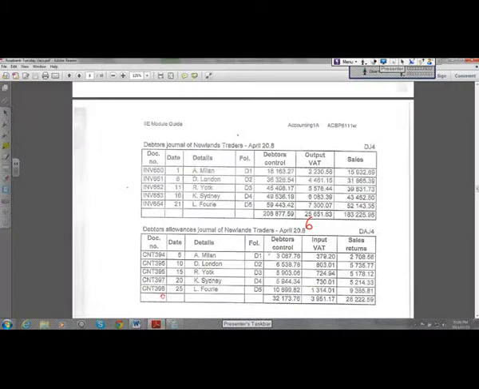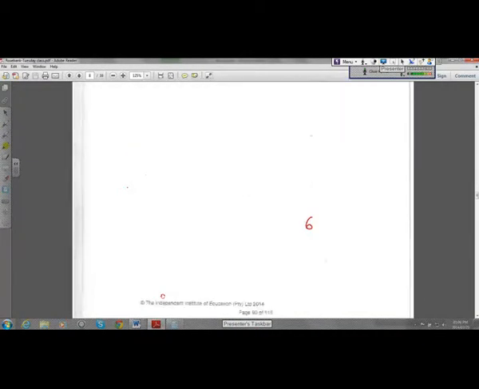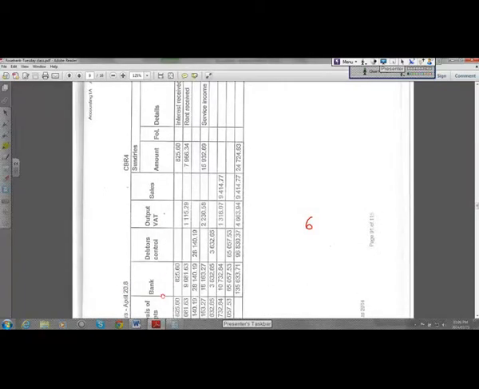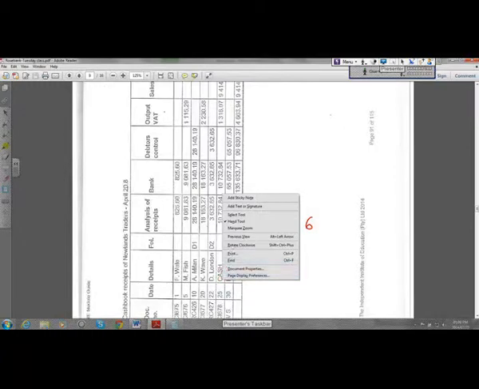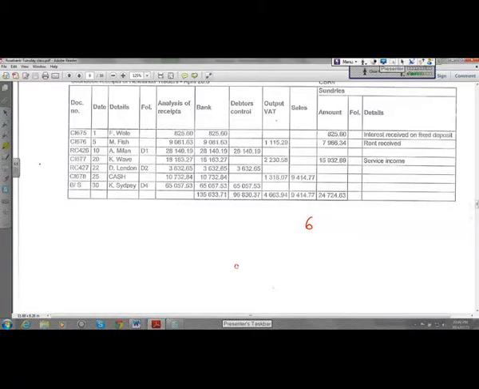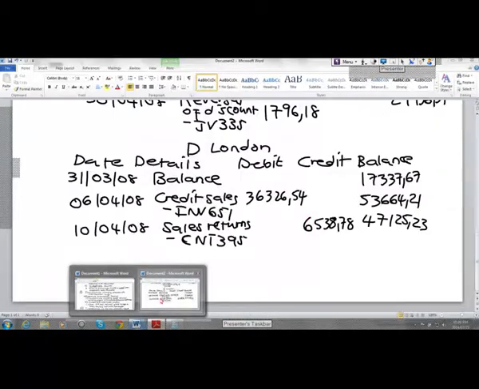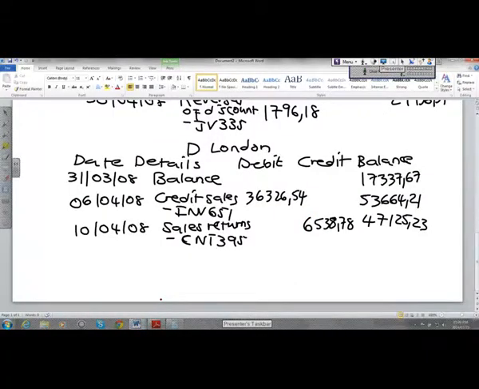Okay, so let's go and see what happens. So London, then he pays on the 22nd. So it's RC 427. So let's go to the 22nd. Okay, so 22nd April. So it's RC, what number?